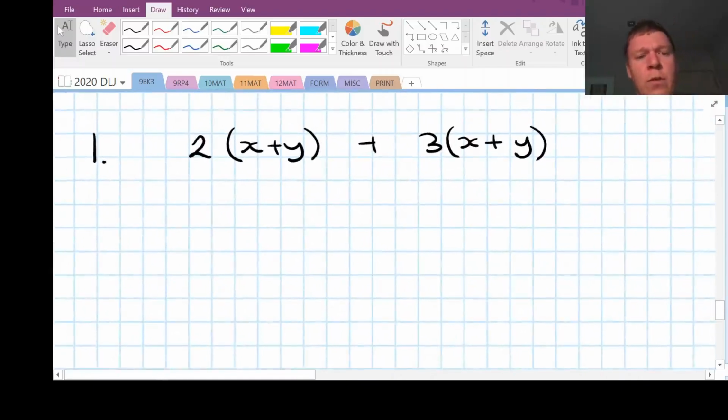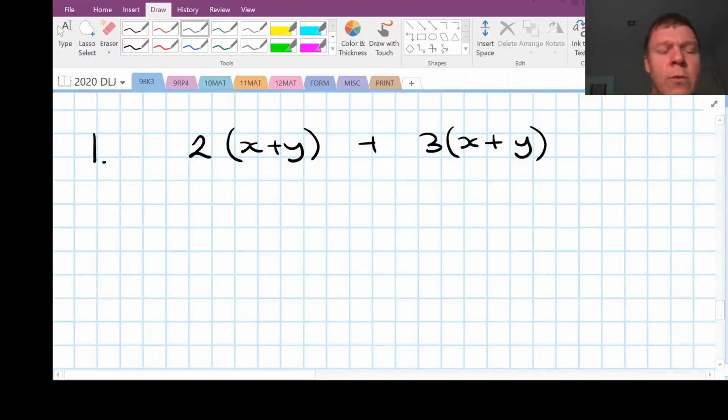Okay, 2 bracket x plus y plus 3 bracket x plus y. Okay, so golden rule of expanding brackets, you've just got to multiply both things inside by the number outside.